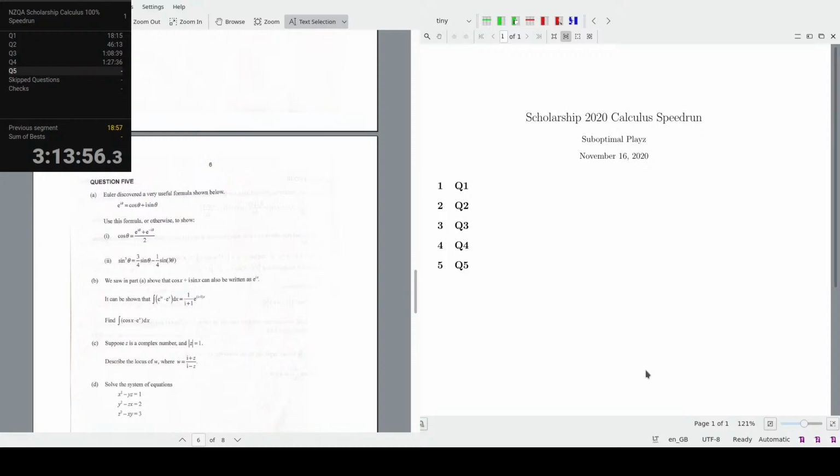Both negative root 2 and root 2? Okay. Alright, I got the solutions. Pro stuff, pro stuff.